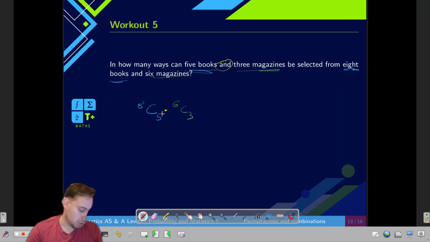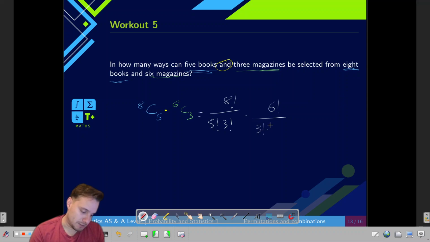How can you find this? Well, you can go to the formula. You can say it's going to be equal to 8 factorial divided by 5 factorial times 3 factorial, because 8 minus 5 gives you 3, times 6 factorial divided by 3 factorial times 3 factorial, because 6 minus 3 gives you 3. That's one option. The other option is you can go to the calculator and look for the nCr button.